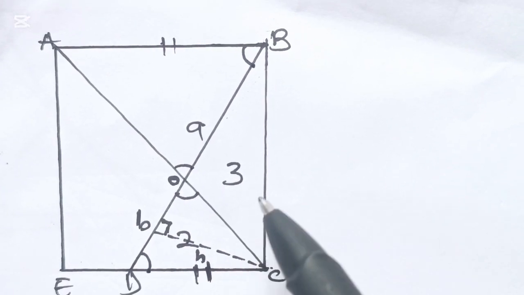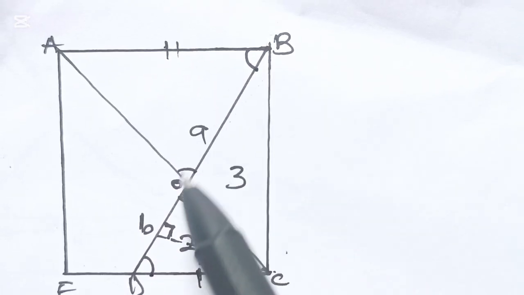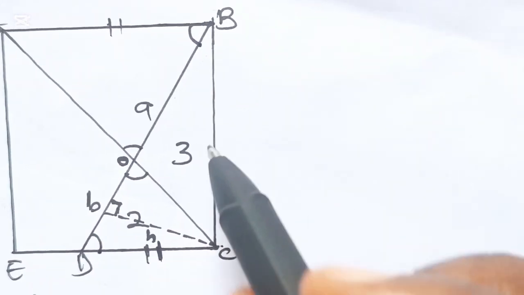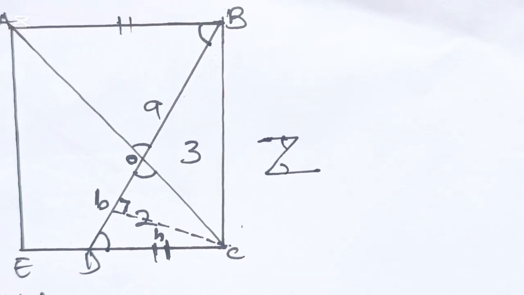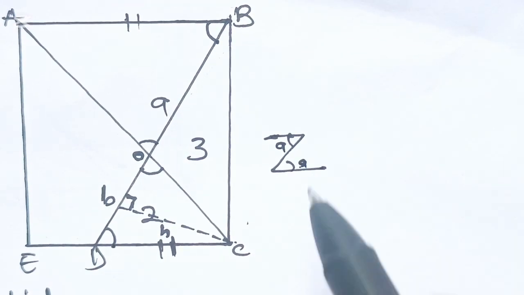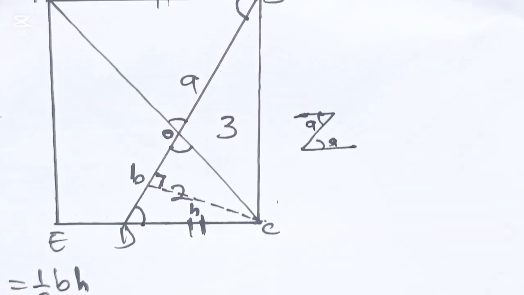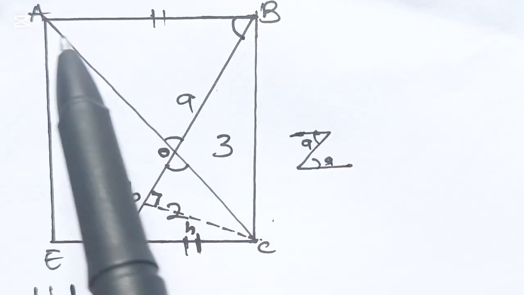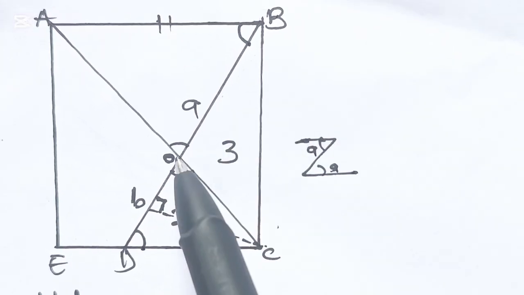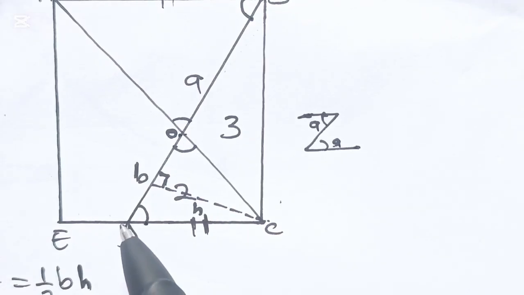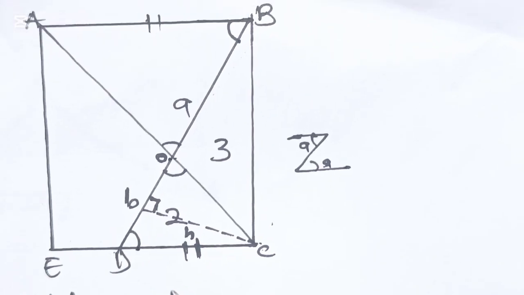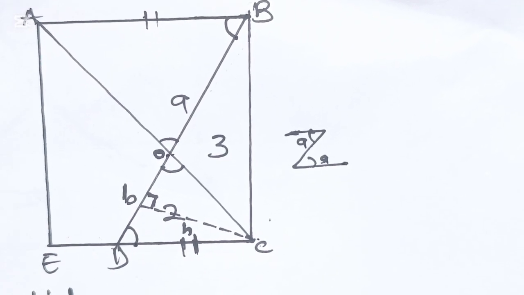And if that is so, we have what is called the alternate angle, or the Z angle, and they are equal. So if this is a, this is also a. So you can see that angle ABO is equal to angle ODC. They are alternate angles.